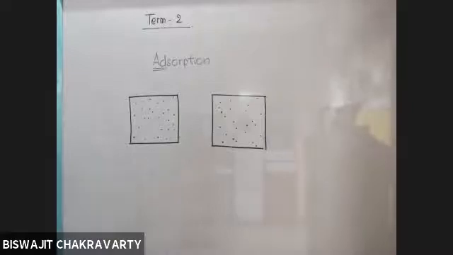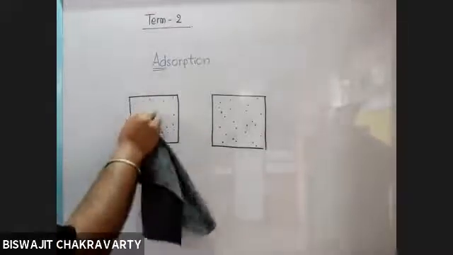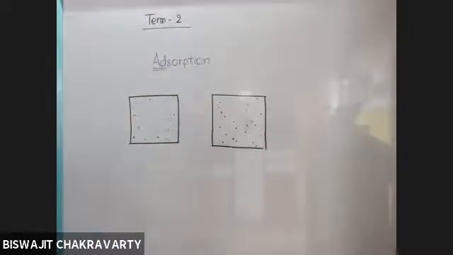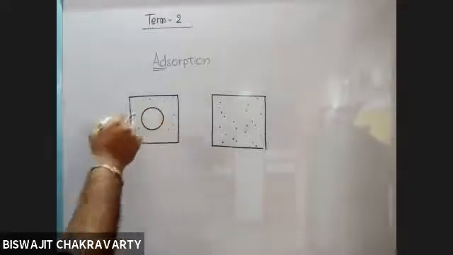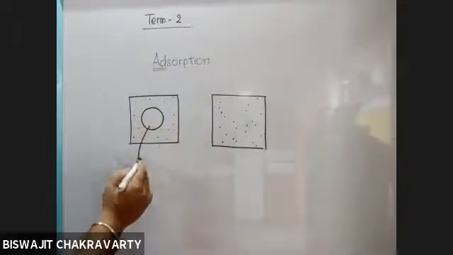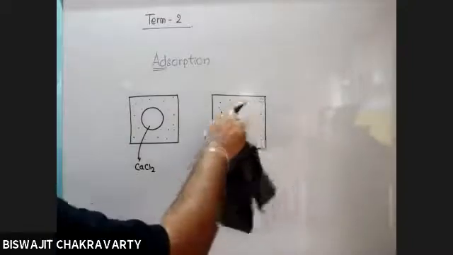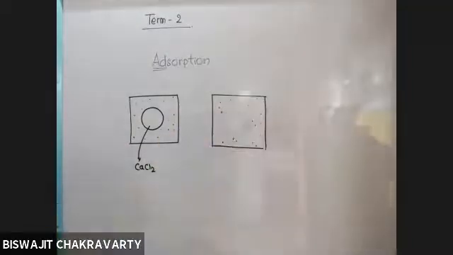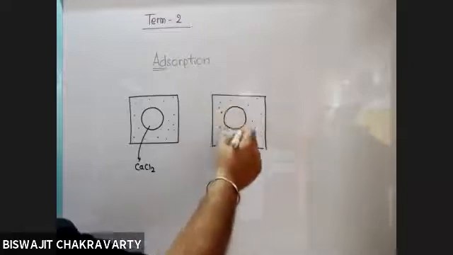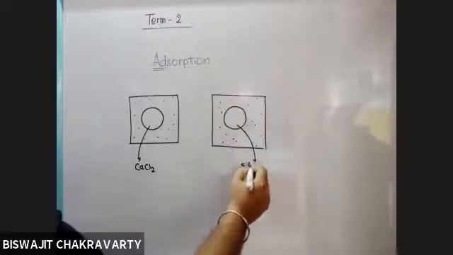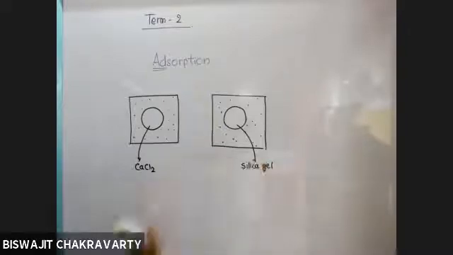Now in the first vessel, let us say I am putting calcium chloride, CaCl2, and in the second one, I put silica gel. Then what do you observe in these two different containers, one containing calcium chloride and one containing silica gel?